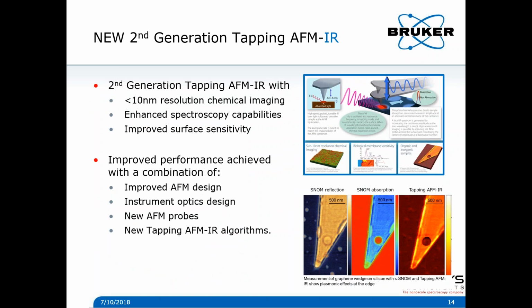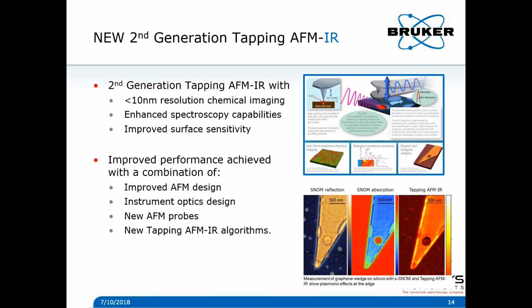So then just coming to the second generation Tapping AFM-IR. Essentially we've improved Tapping AFM-IR through a number of ways. Firstly, improving the AFM design and the noise floor directly improves the performance of any type of IR measurement we do, including tapping and resonance enhanced.